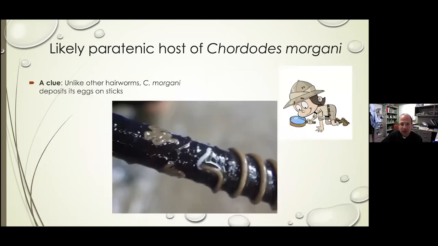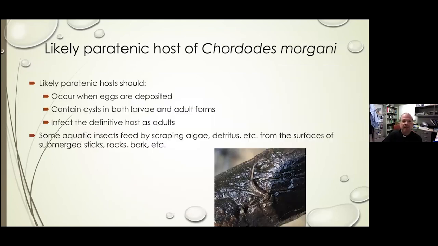Certainly not fish. But there's this clue, at least for Gordius morgani, right? Unlike other horsehair worms, Gordius morgani will deposit its eggs on sticks. And so a likely paratenic host should occur when the eggs are deposited. So the timing is important.